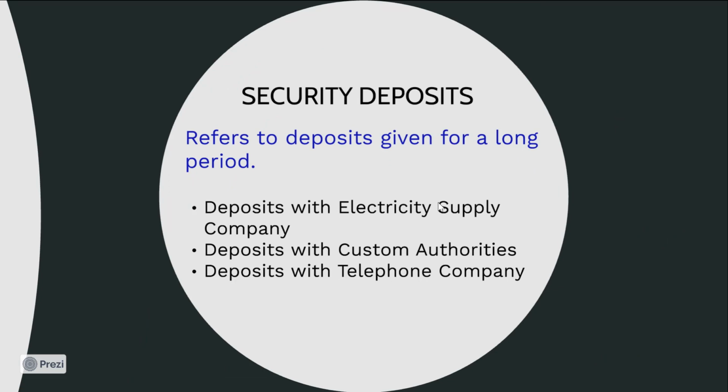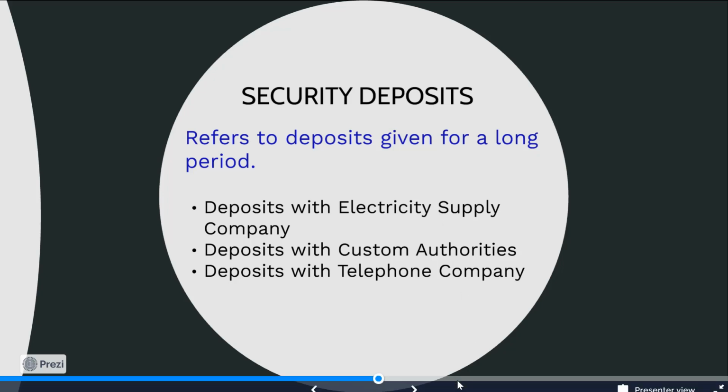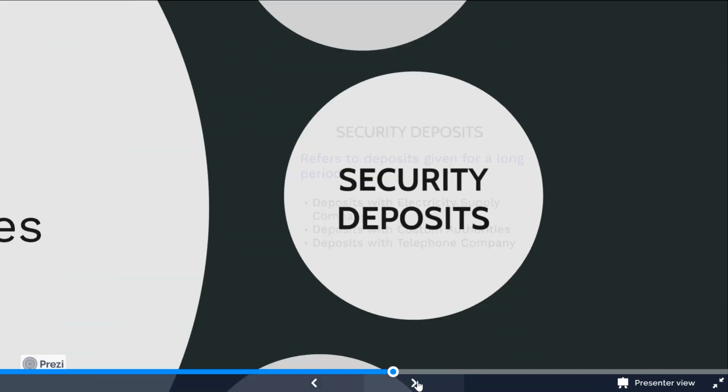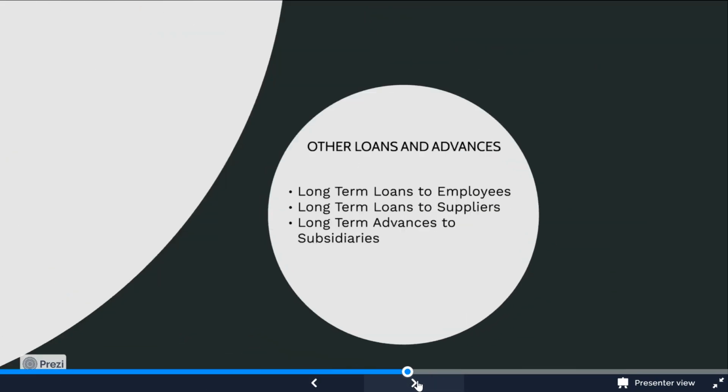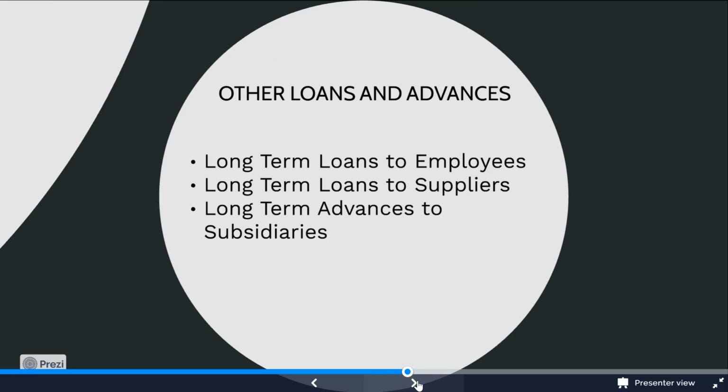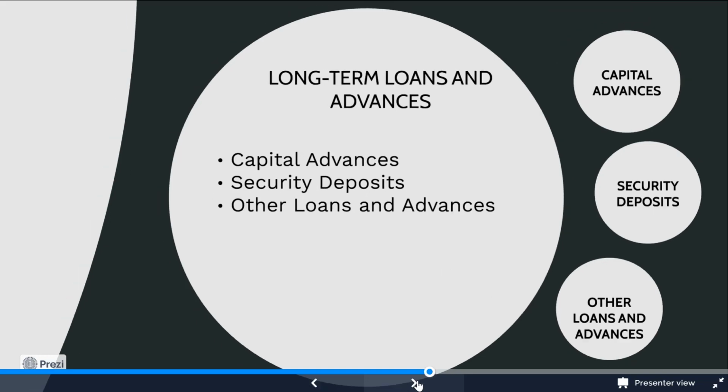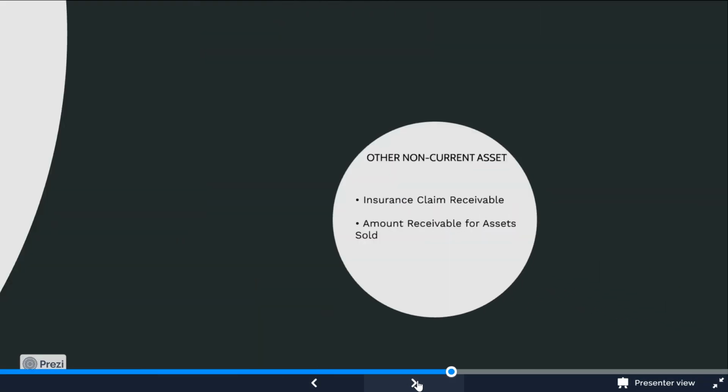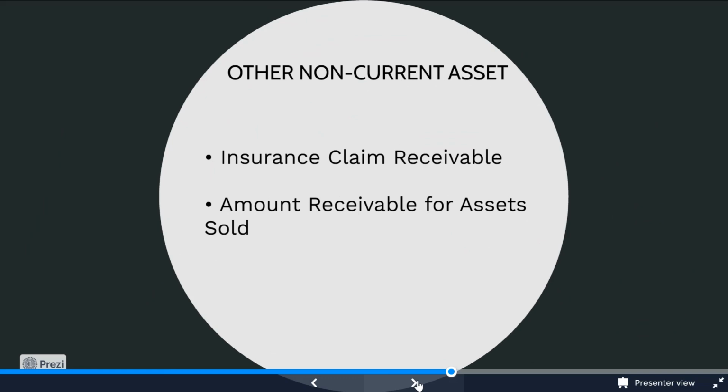Deposits with electricity supply company, deposits with custom authorities, and deposits with telephone company. And other loans and advances, long-term loans to employees, long-term loans to suppliers, and long-term advances to subsidiaries. Under the head other non-current assets, we have insurance claim receivable and amount receivable for the sale of assets.